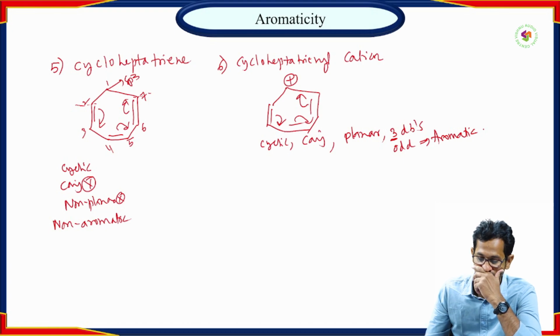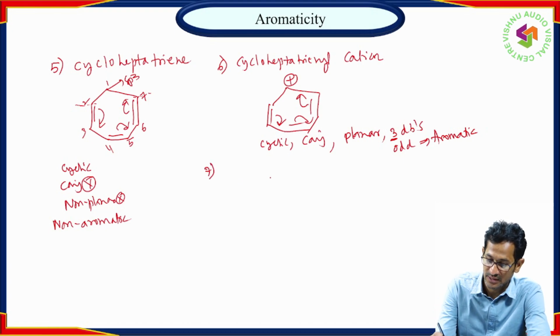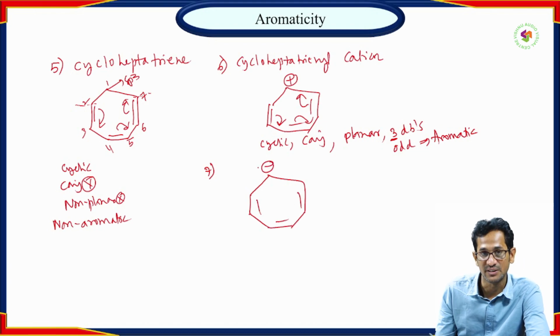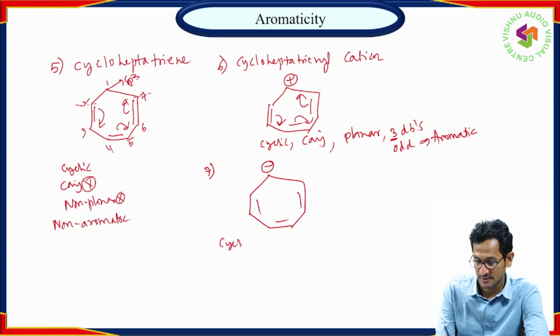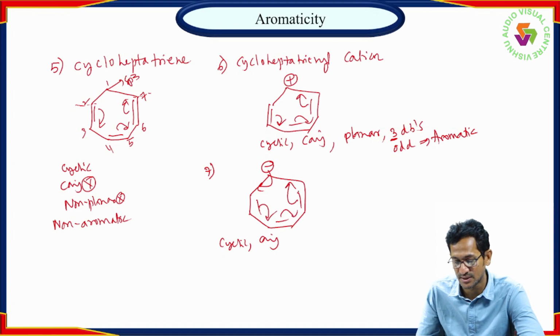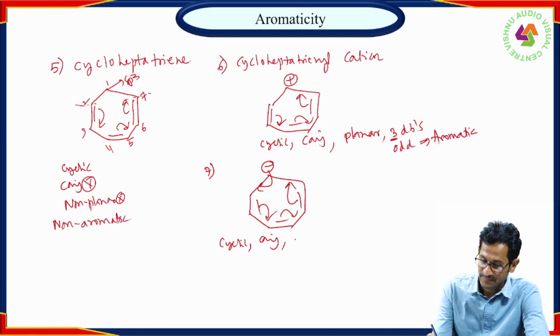If I write the 7 one with anion, so that is cyclic, conjugated, because conjugation is there. So positive or negative charge, you have to consider the conjugation.